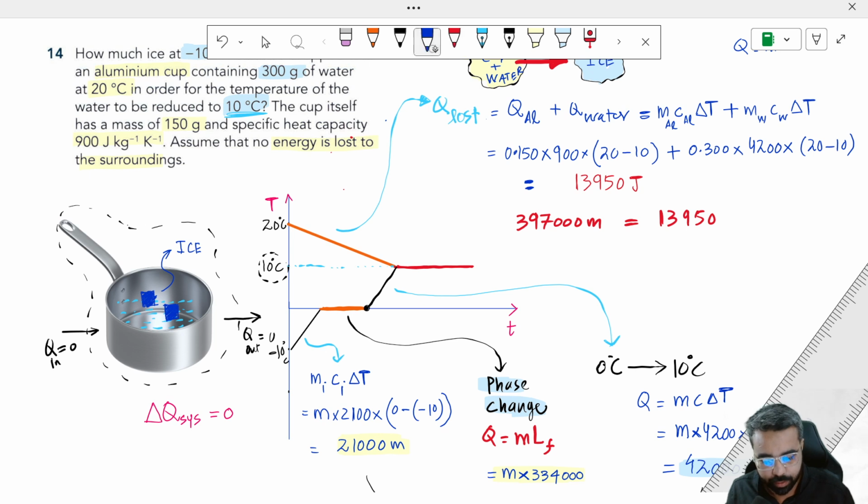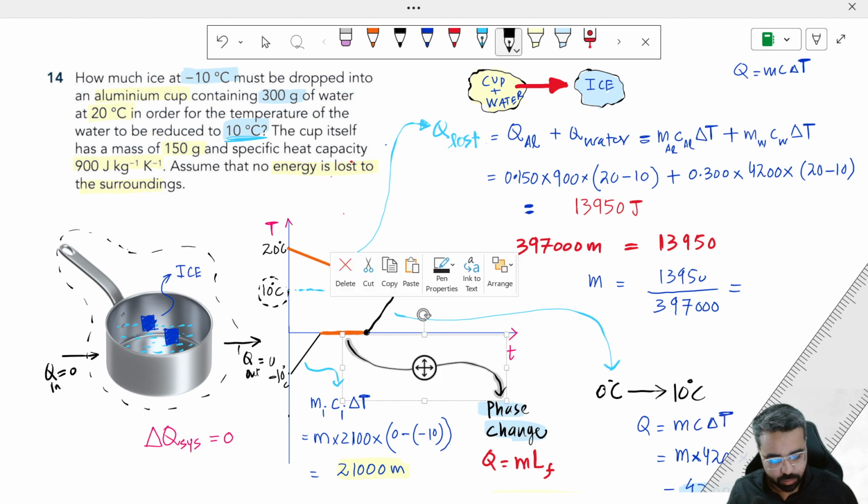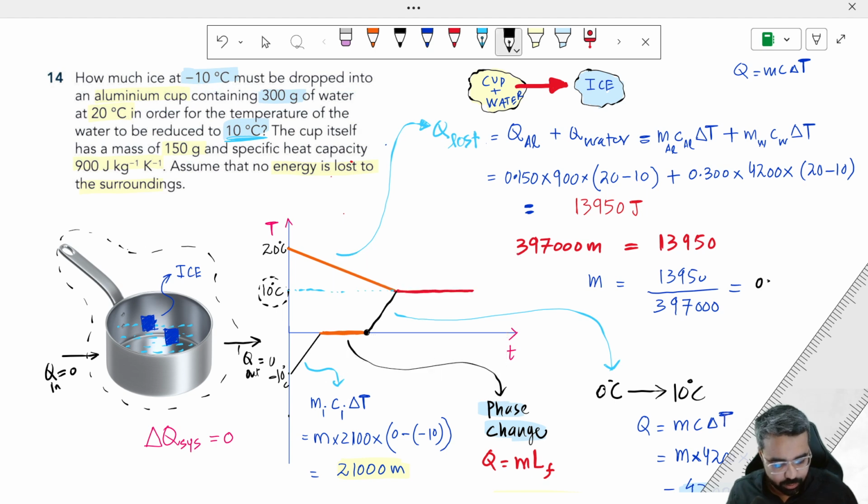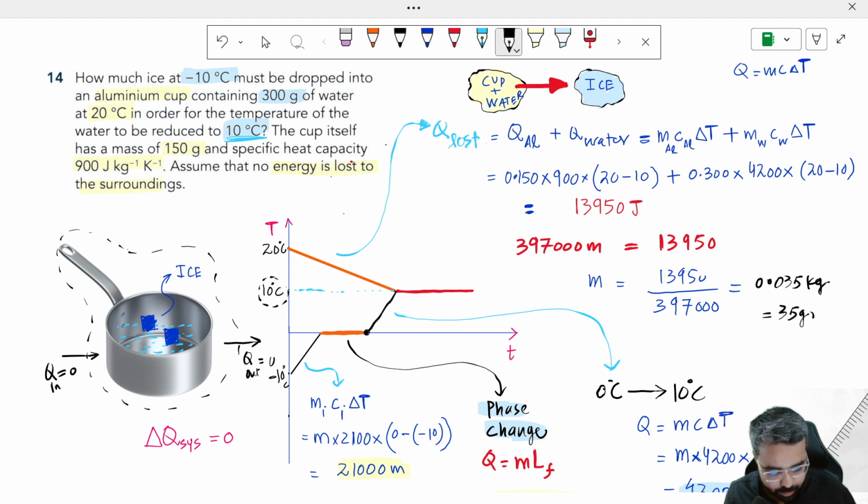So from here we can find out the mass by dividing these two. So students, last but not least, our answer is 0.035 kilogram of ice, which is in fact 35 grams of ice, required to drop the temperature of water and cup from 20 to 10 degrees Celsius. I hope you understand it.